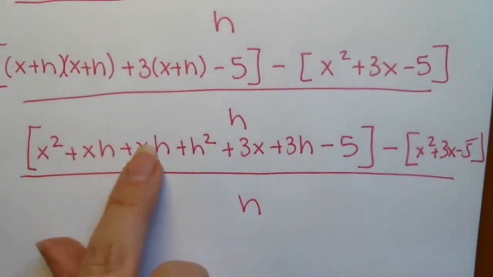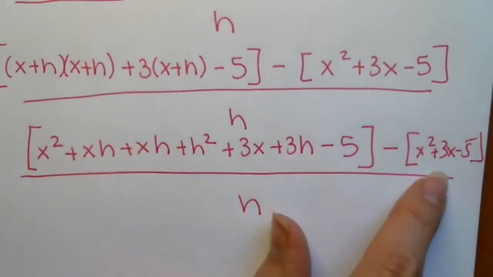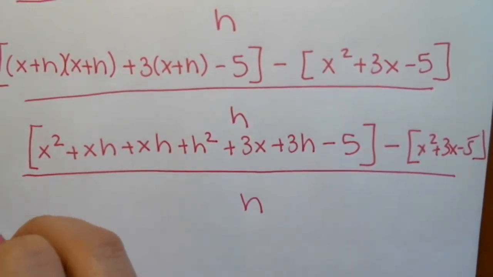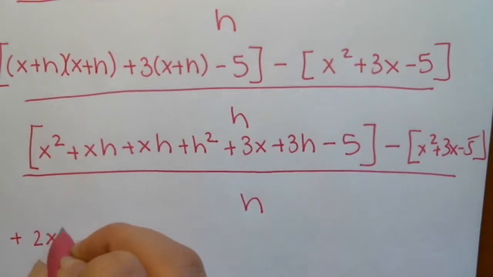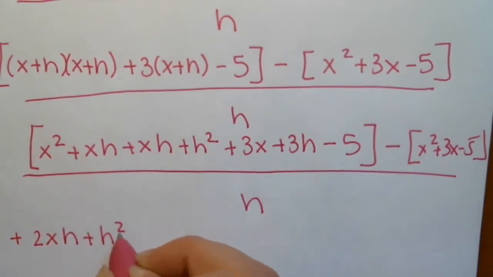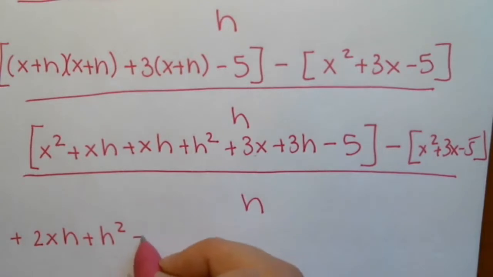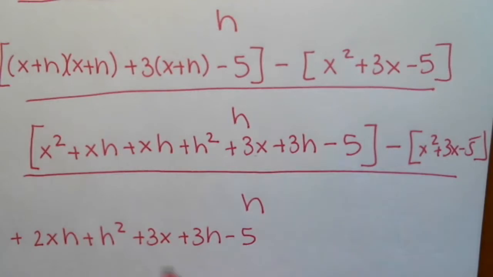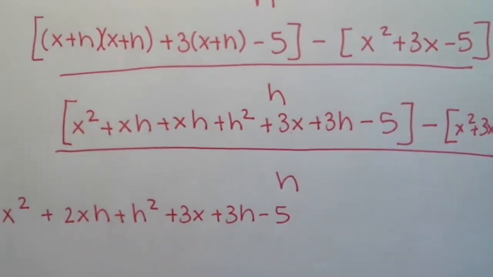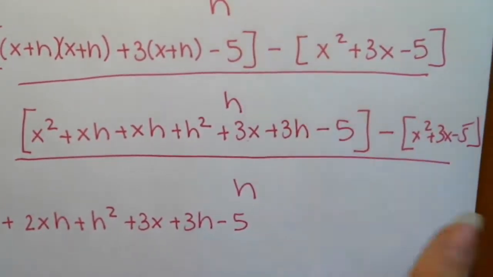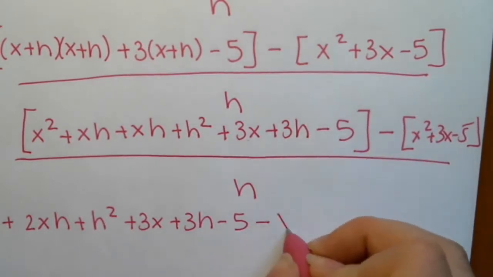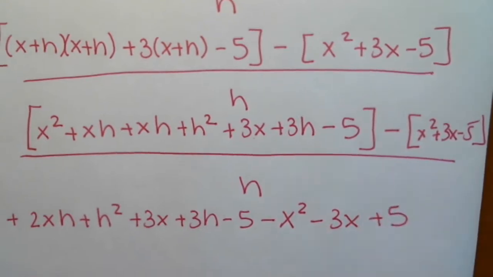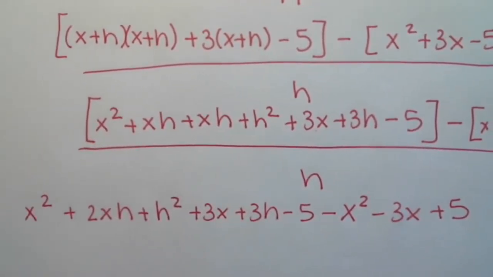So here I'm going to combine my like terms, and over here I'm going to distribute this negative sign. So I get x squared plus 2xh plus h squared. Then I have 3x, 3h minus 5. Now I'm going to do my subtraction. So I have minus x squared minus 3x plus 5, so over h.